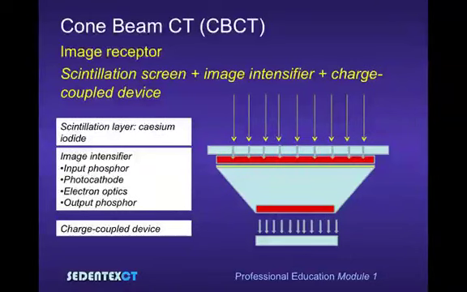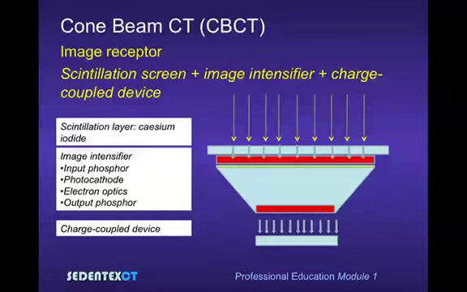In terms of the image receptor, there are two main types used. The first involves an image intensifier, or to be accurate, a combination of a scintillation screen, an image intensifier, and a charge-coupled device. The scintillation screen fluoresces when exposed to X-rays.